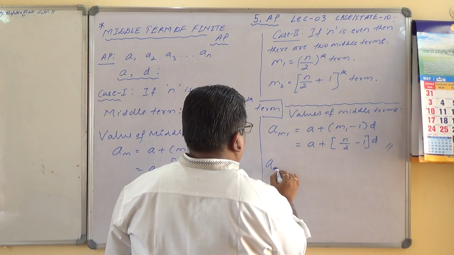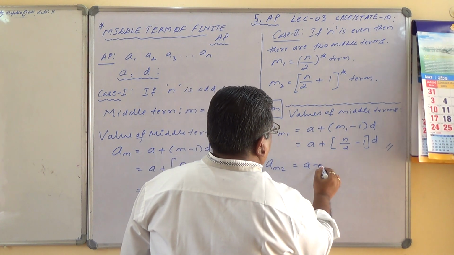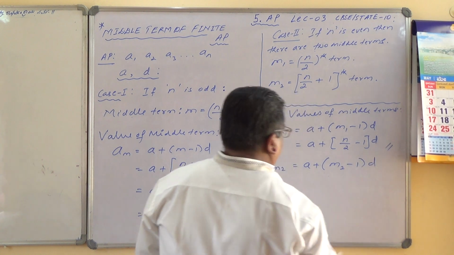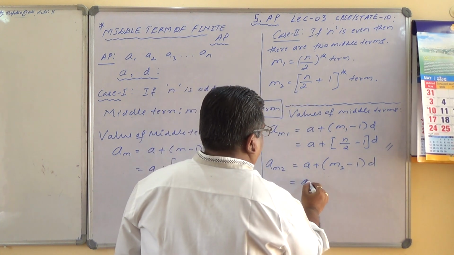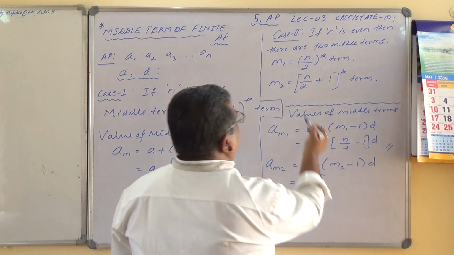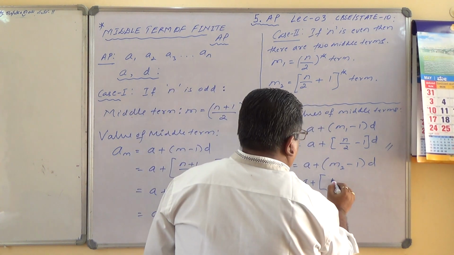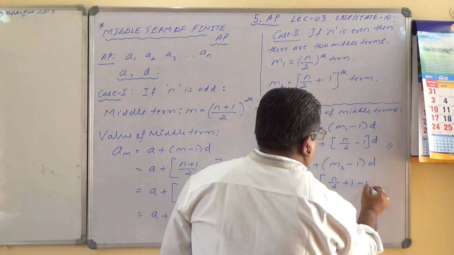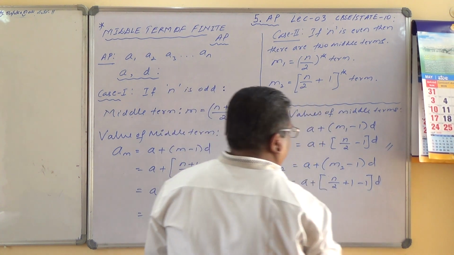Second, a_m2 equals a plus (m2 minus 1) into d. So in this case, a plus, what is m2? n by 2 plus 1 minus 1, into d, isn't it?